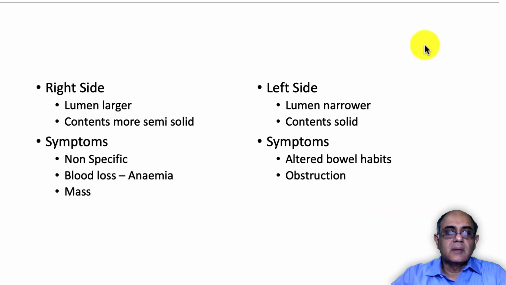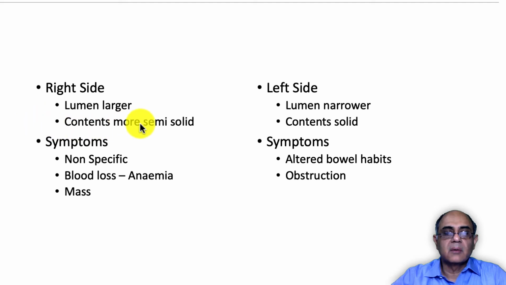Very interestingly, the right-sided colonic tumors and the left-sided colonic tumors behave differently as far as symptoms are concerned. Why is that? Because in the cecum, ascending colon, and part of the transverse colon, the lumen is larger as compared to the descending colon and the sigmoid colon. The contents are more semi-solid on the right side. When they go to the left side of the colon, they become more solid.